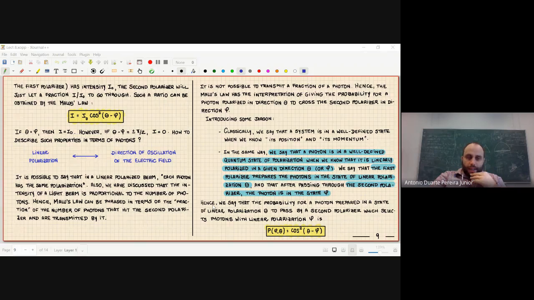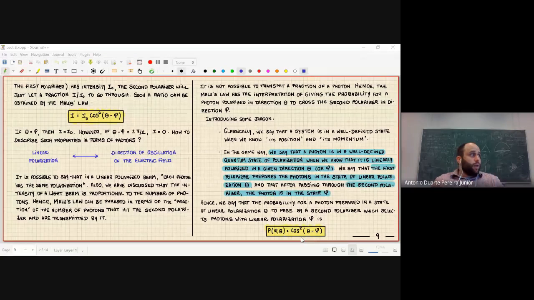So, as I said, the probability of finding a photon prepared in a state of linear polarization theta to pass by a second polarizer which selects photons with polarization phi is given by this expression. Okay?